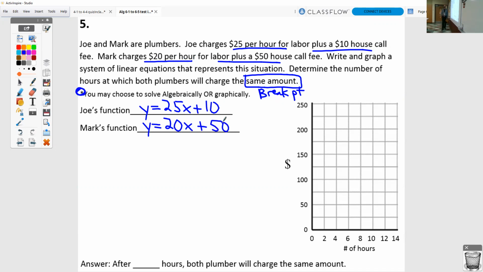Those are two functions for Joe and Mark. If you're looking for the break-even point, what would you do with these two equations? Set them equal to each other. You have 25x plus 10 and 20x plus 50. I think the easier way to do this question is to set those two things equal to each other and solve. Go ahead and solve that equation, please.